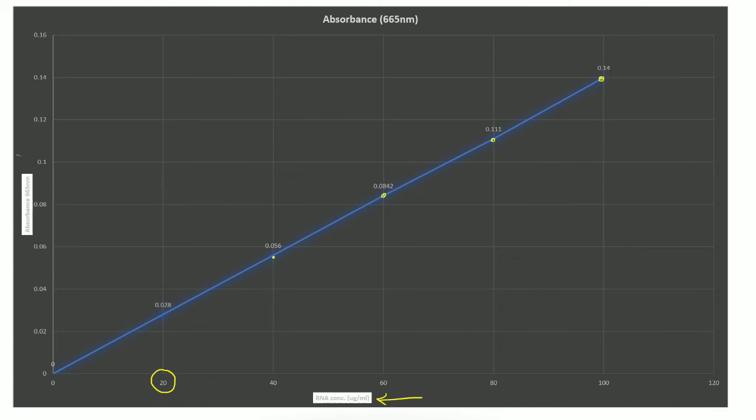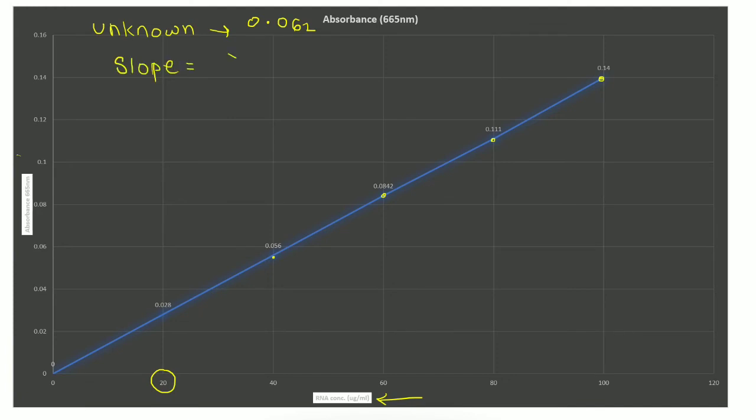For example, your unknown test tube gave you a reading of about 0.062. So how are you going to calculate the accurate concentration of this sample? For this, we are first going to calculate the slope.